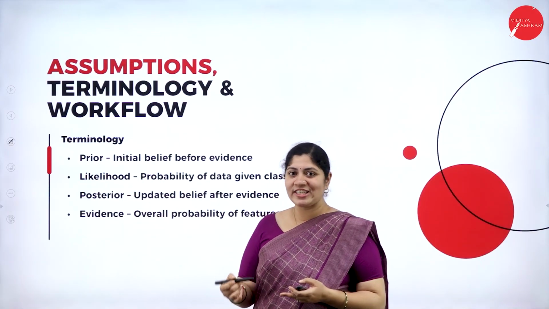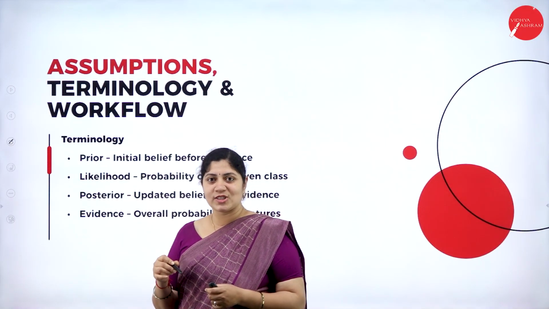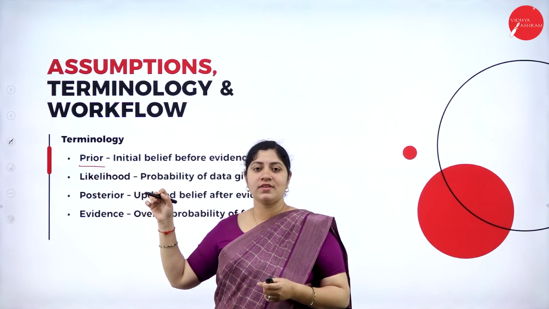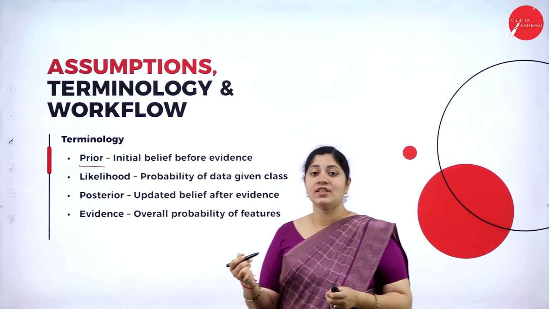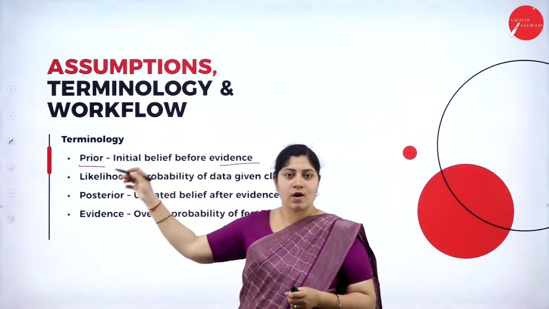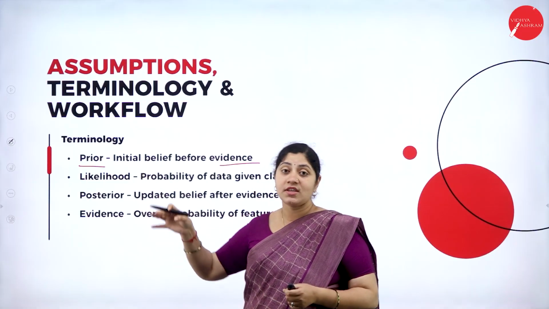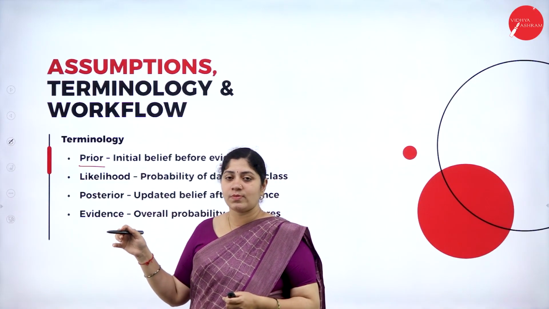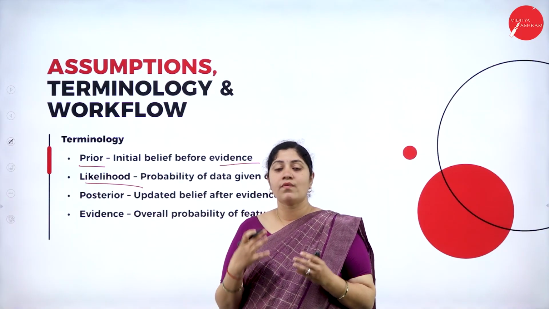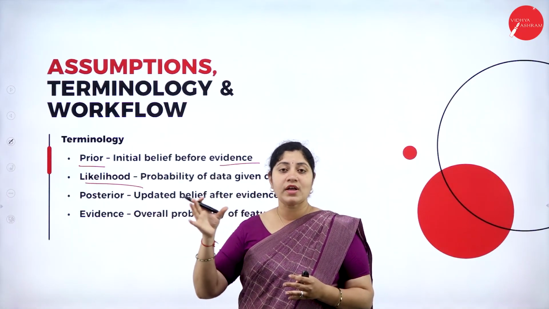Heading to terminology, the first terminology that we need to understand is the prior. Correct, right? Prior is none other than the initial belief that is considered before the evidence. So that is our prior terminology. The next terminology that is considered under Bayes classification is the likelihood. This gives the probability of data given a class or a considered class.